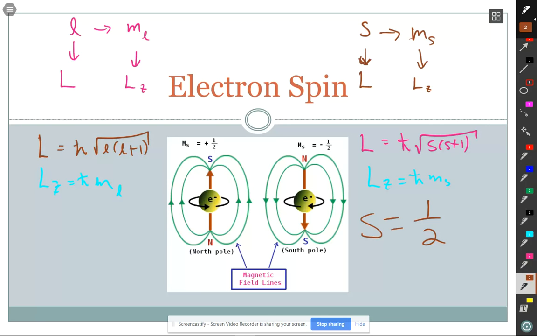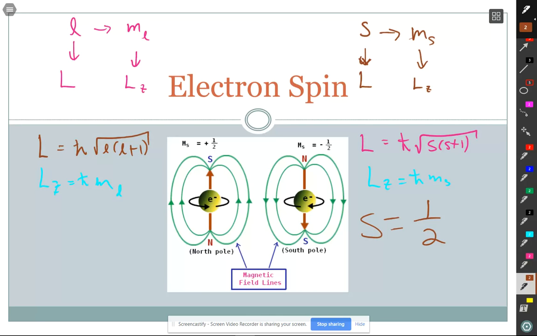Oftentimes we'll use a capital S and a lowercase s instead of an S and an m sub s, and that makes life a little bit easier because you don't have subscripts. So we use L, M, S, and M, or capital S and lowercase s.